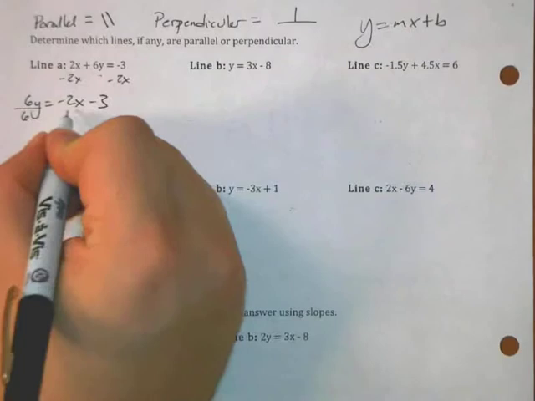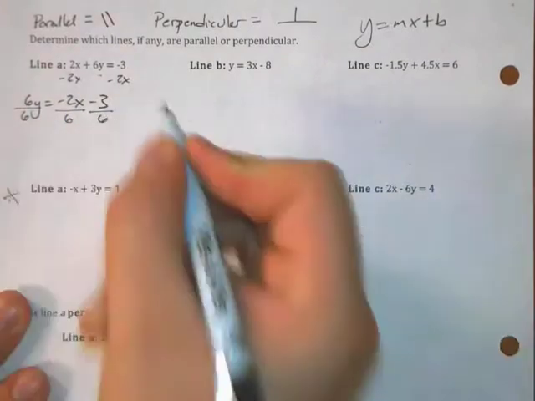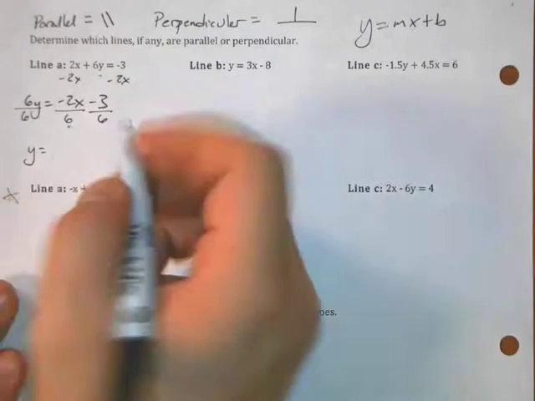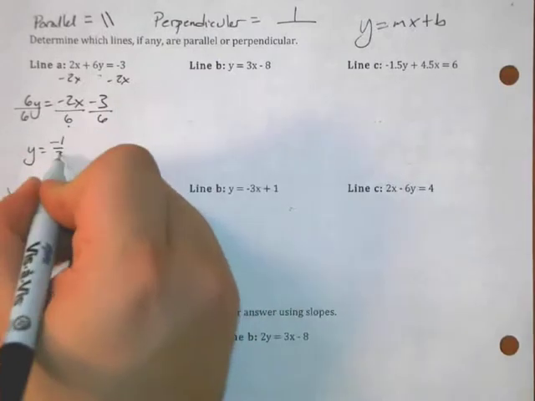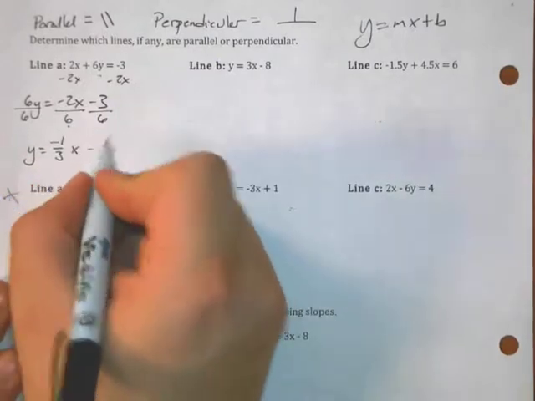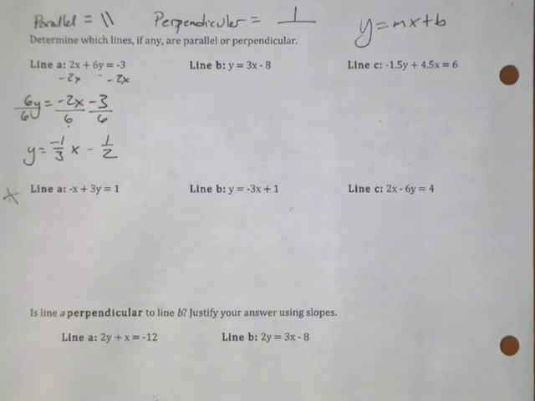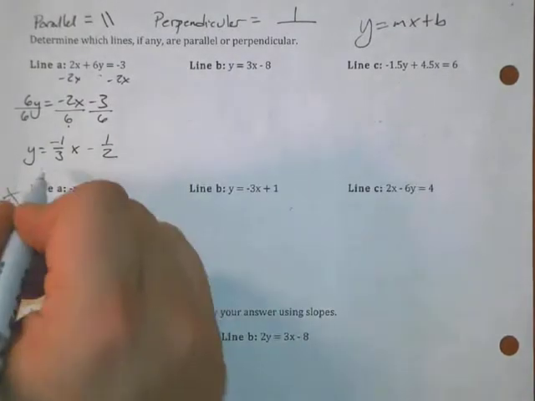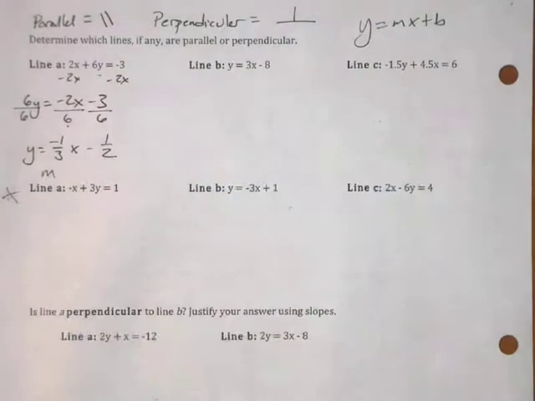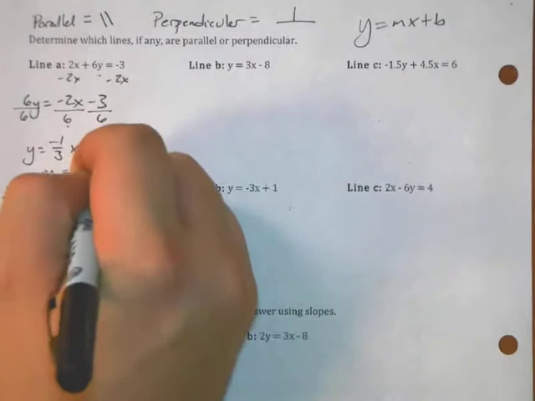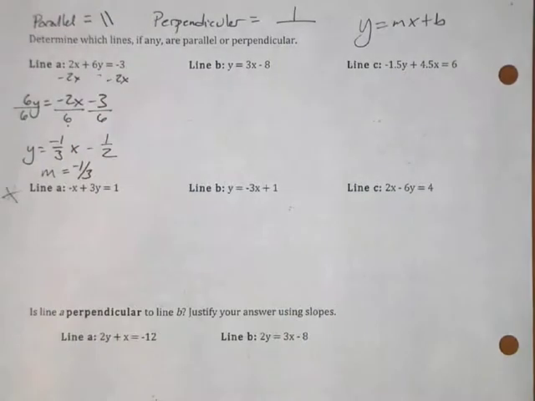Divide both sides by 6, and you get this equation. y equals negative 2 over 6, which is the same as negative 1 over 3, and negative 3 over 6 is the same as negative 1 over 2. So what's the slope of this line? That's all I really care about. Negative 1/3.